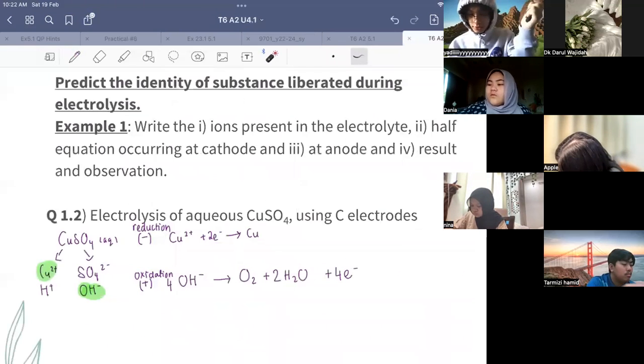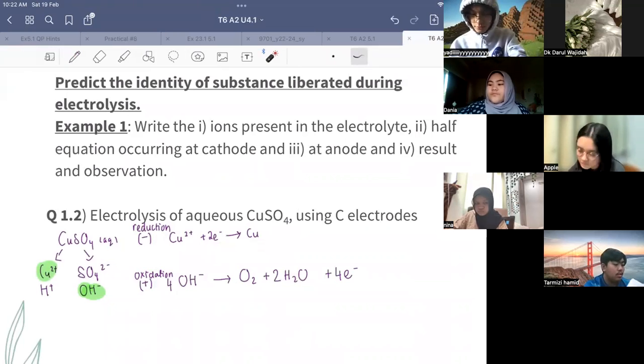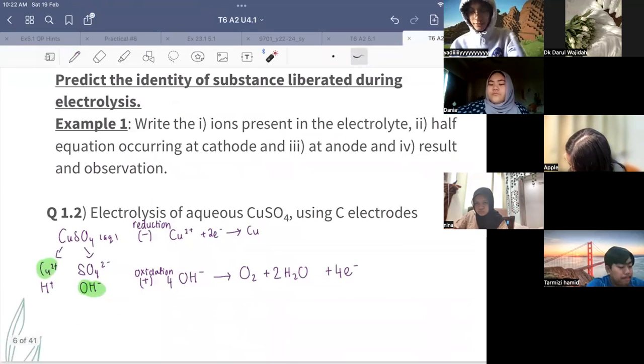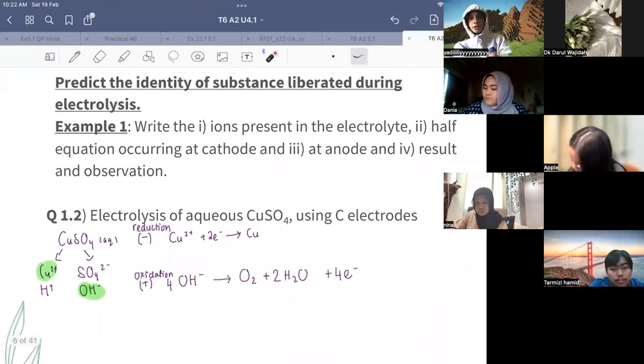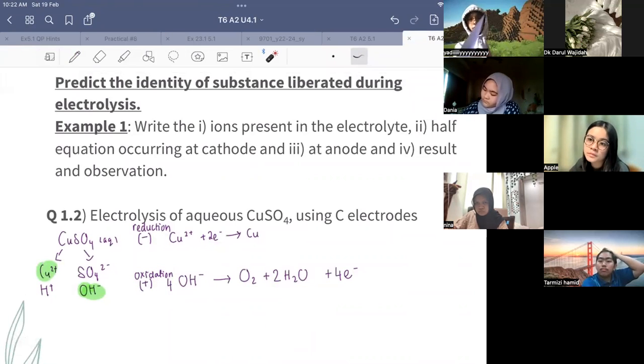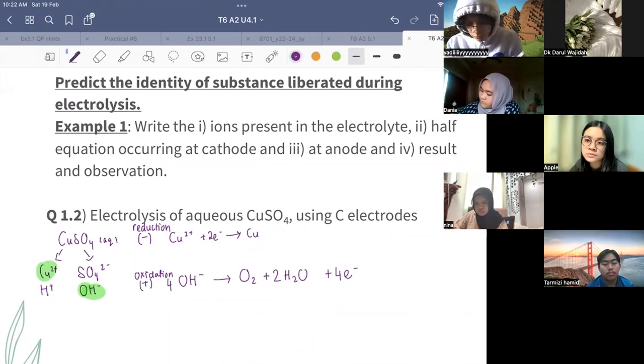Are we all okay so far? I also noticed that it says to write down the observation. We have to look at the products being formed, the elements being formed.